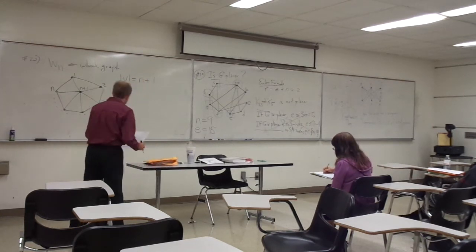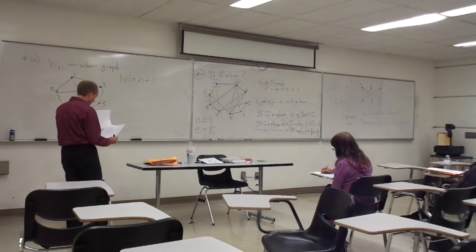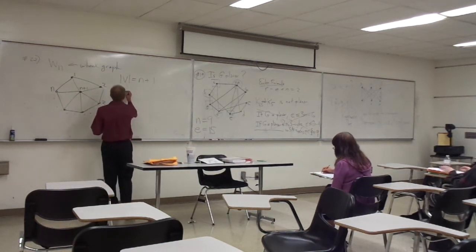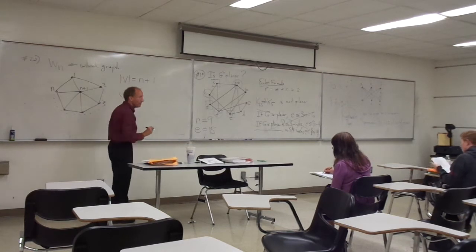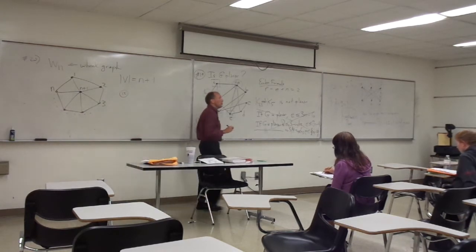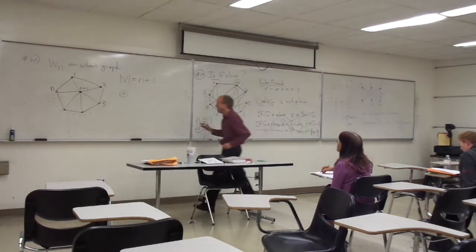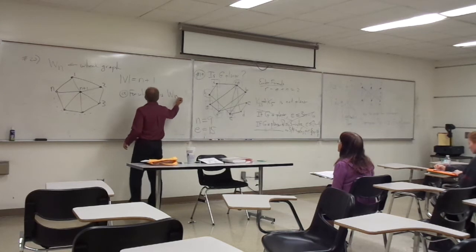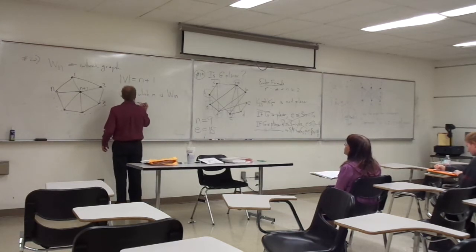Okay, so let me ask you, I've got 4 parts here, but most of them are quick. My question is, part A, for which n is W sub n bipartite?